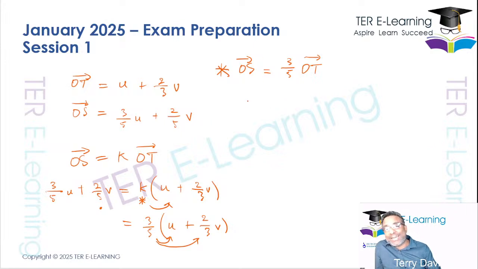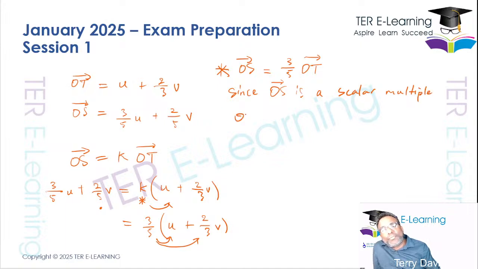So here's how CXC wants us to answer this. Since OS is a scalar multiple of OT, they are parallel. There are two things required in order for you to get the marks here.